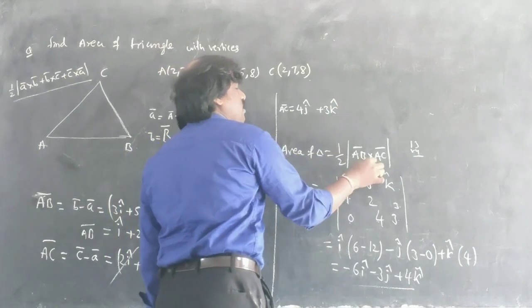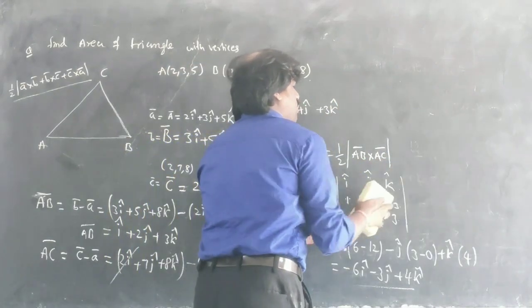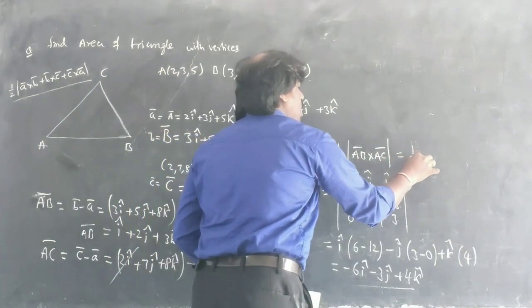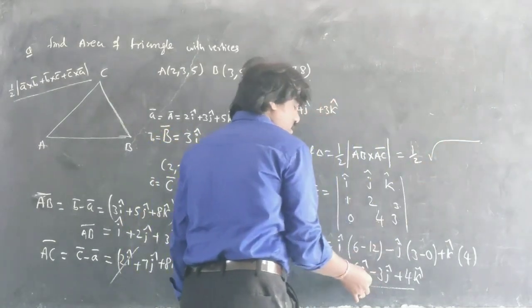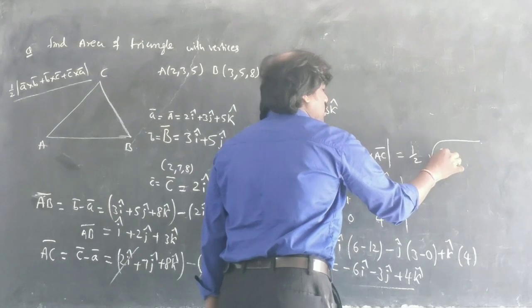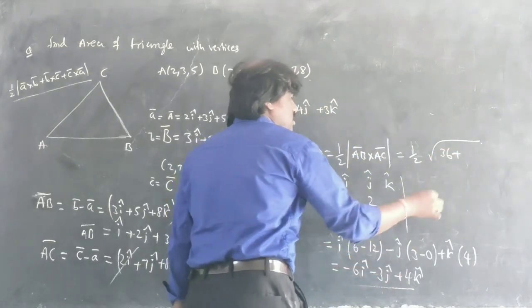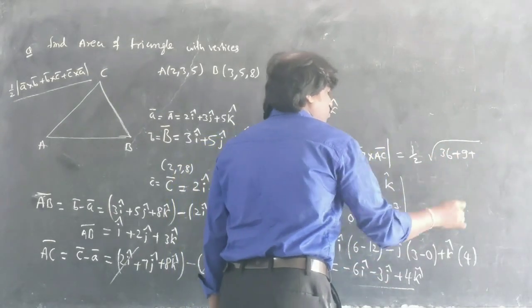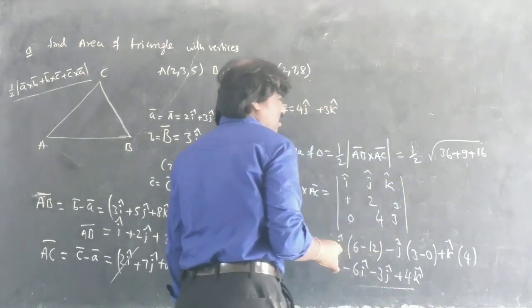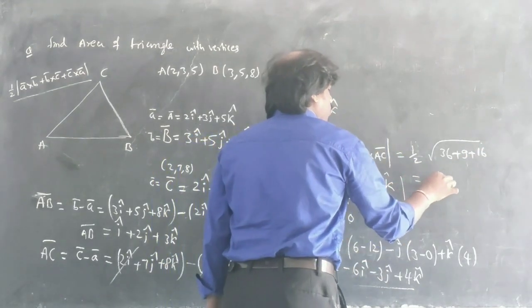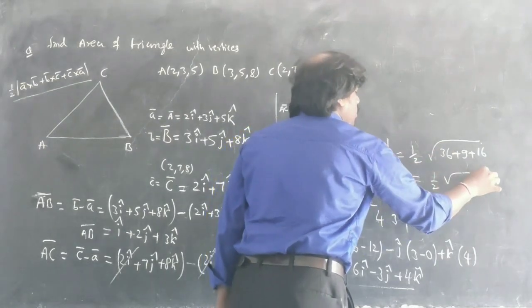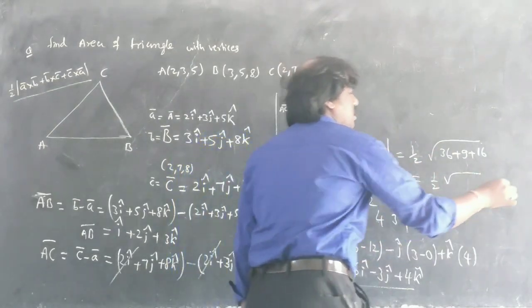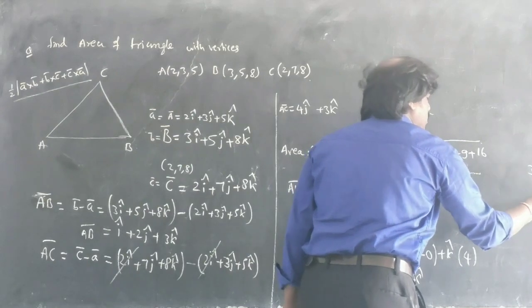Then the area of the triangle is equal to half into the square root of minus 6 square, that is 36, plus 3 square, that is 9, plus 4 square, it is 16. So this value will give you 1 by 2 modulus of this one, square root of 36 plus 16 plus 9.